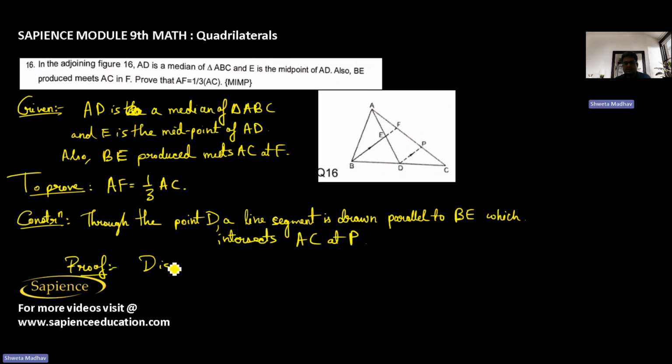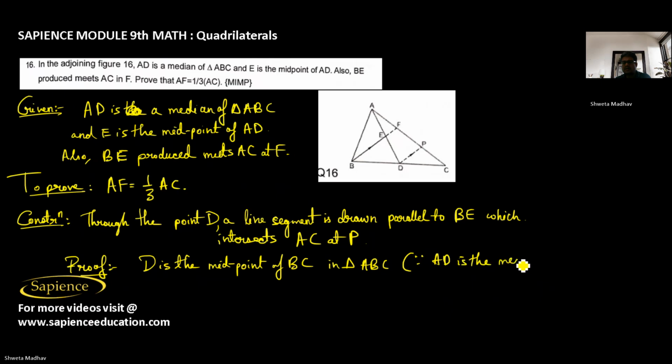We say that D is the midpoint of BC in triangle ABC, since it is given that AD is the median on the side BC.